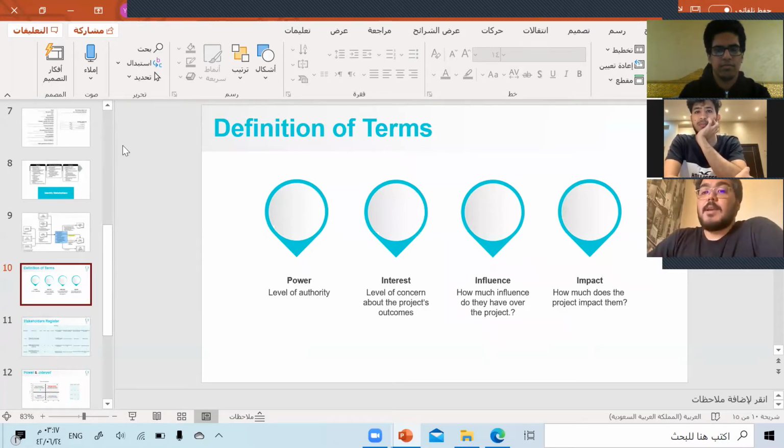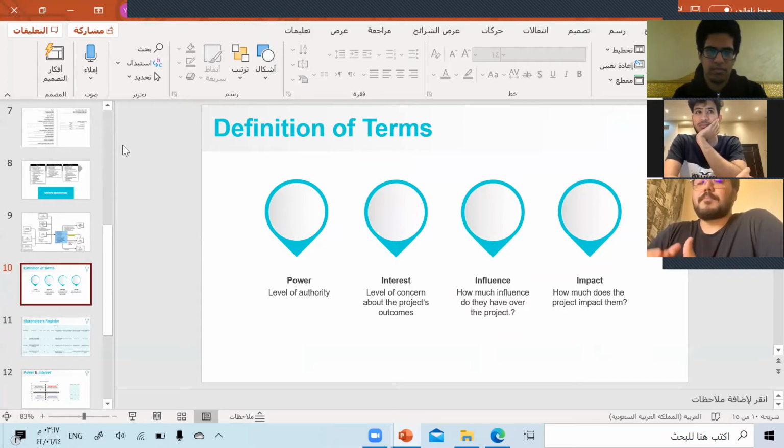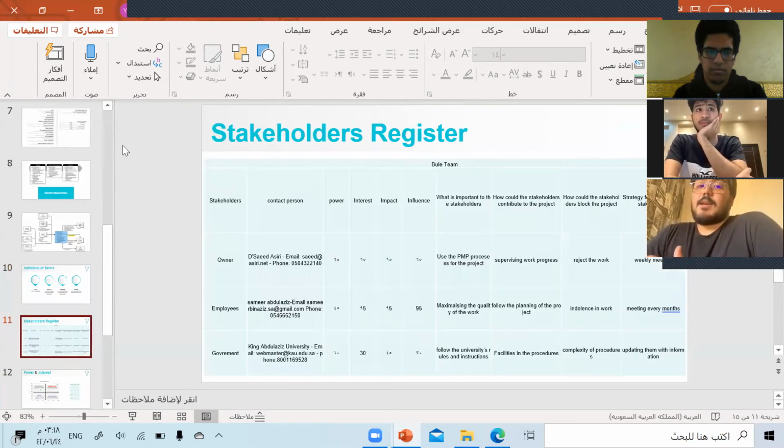The second term is interest, the level of concern about the project outcomes. The third is influence: how much influence do they have over the project? And last is impact: how much does the project impact them?